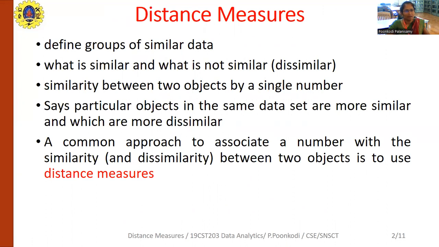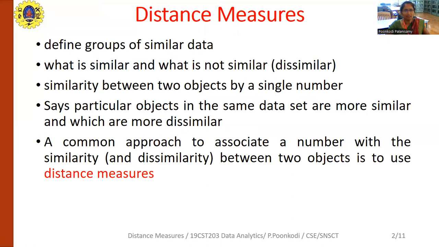While we are grouping data, it will be done in two ways: either similar data types or dissimilar. What is similar and what is not similar? The similarity between two objects is represented by a single number.